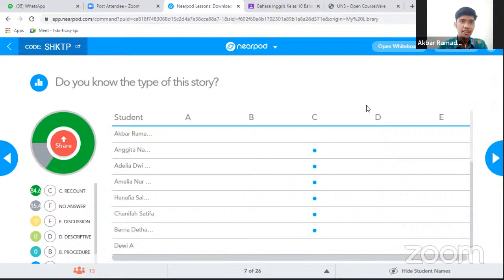All right, I think time is up, students. I think you have understood the type of story that we will learn today, and you have answered the question correctly. So we can move on to the next activity.